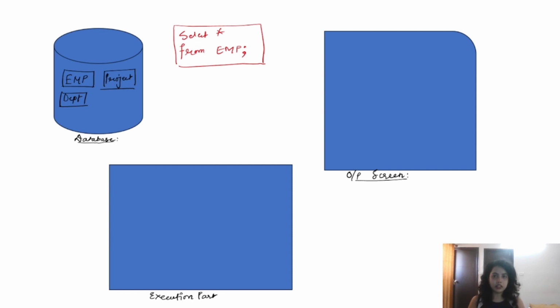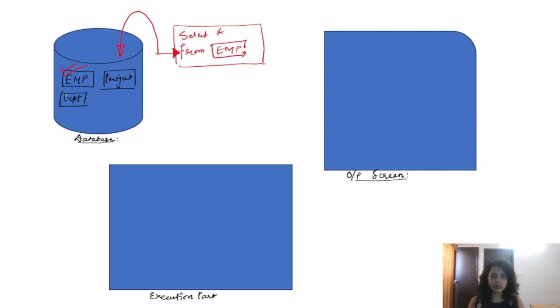I'll make you understand. As soon as your compiler encounters this from clause here, it will directly go to the database and check, do we have this particular table in the database? In this case, yes, I have an EMP table here.